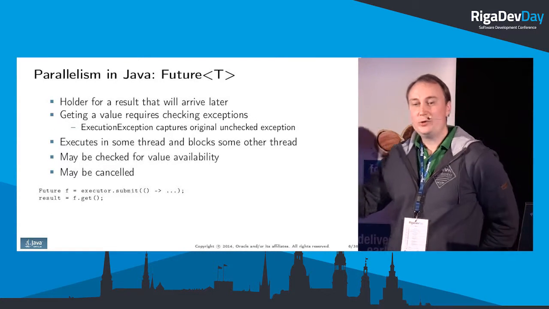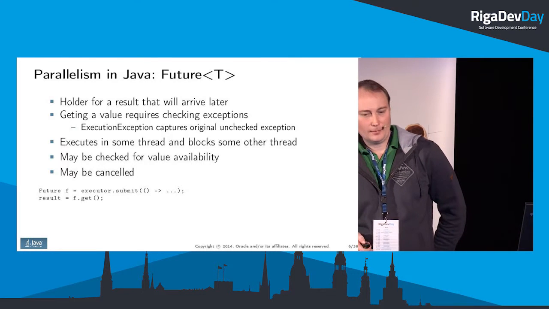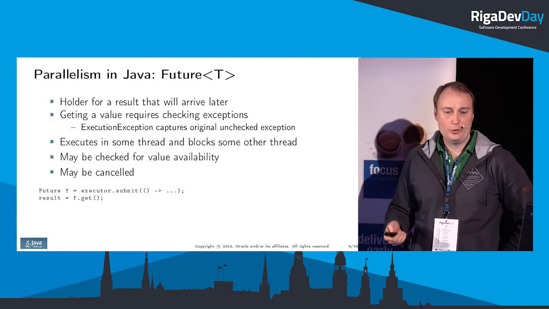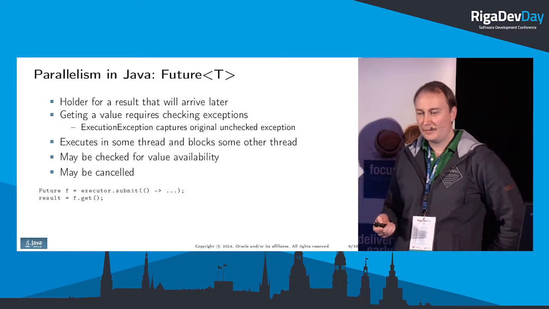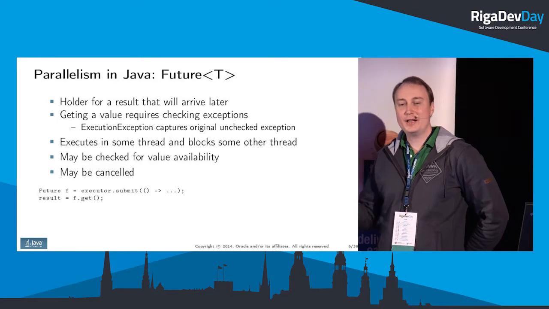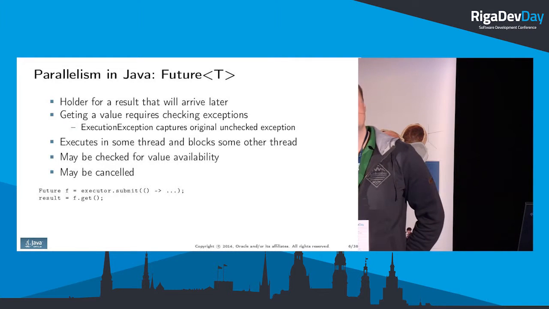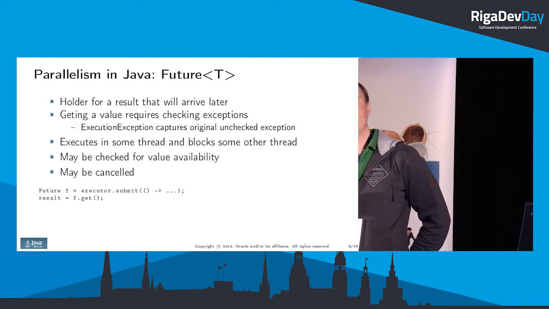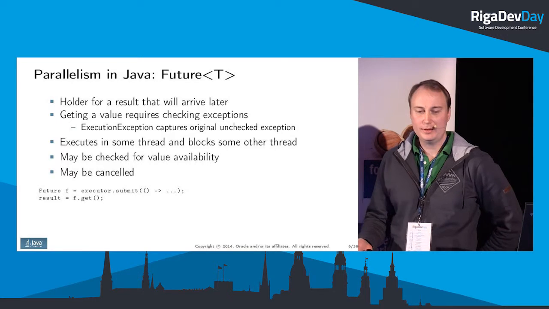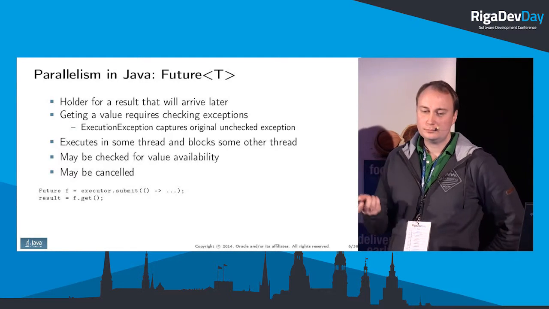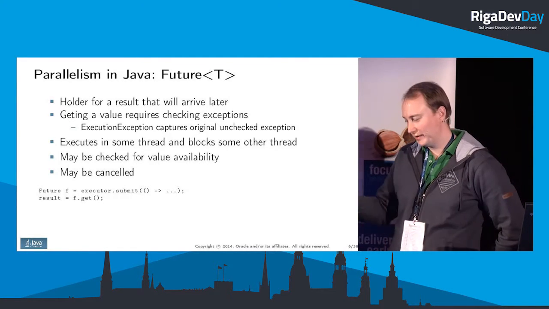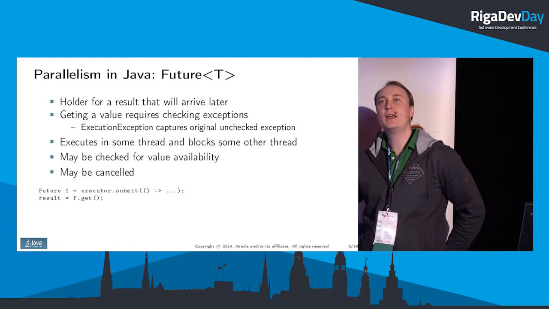So we got Future. Basically, Future is all about the result it holds, and it helps to control blocking of the thread that gets results, and it provides a result itself and some way to know about errors.